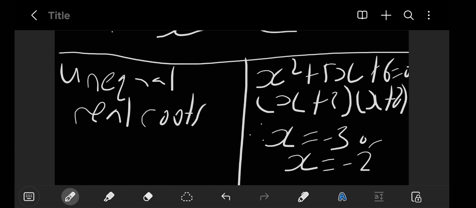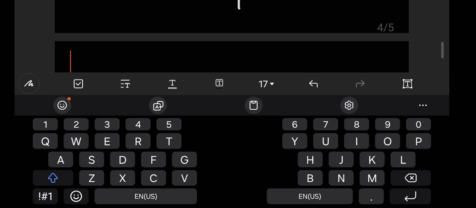And then, like I said, if we have a situation where we have a perfect square, like when we did previously, we found that the square root of 1 was actually 1. And it is a perfect square.